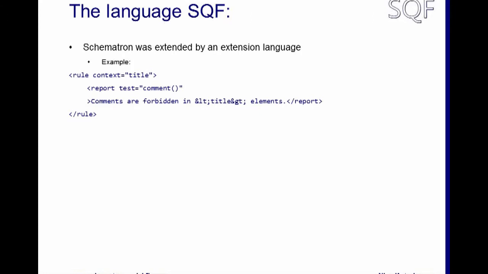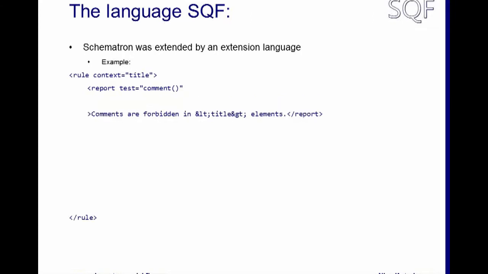There's a rule to match on title elements, maybe in an HTML document, and the test is that there should not be comments in this title element. And the message is comments are forbidden in title elements.